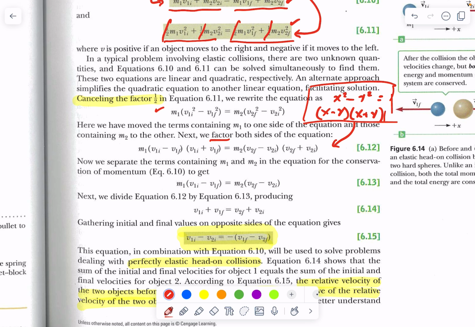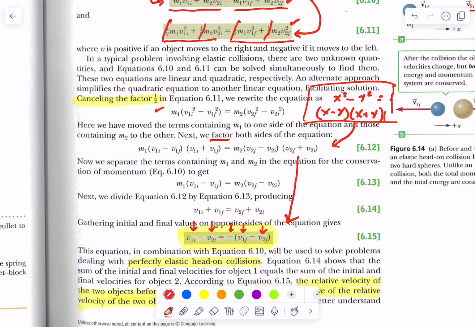And then we continue to simplify this when we put the 2 equations together, and we get this equation down here, equation 6.15, that shows that the initial velocity of my first object minus the initial velocity of the second object equals the negative sign times the same difference, except the final velocity of my first object and the final velocity of the second object.